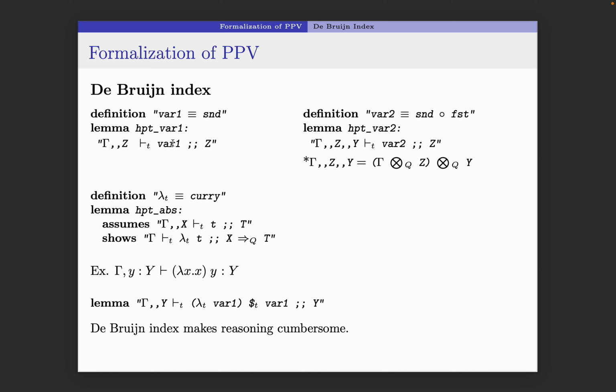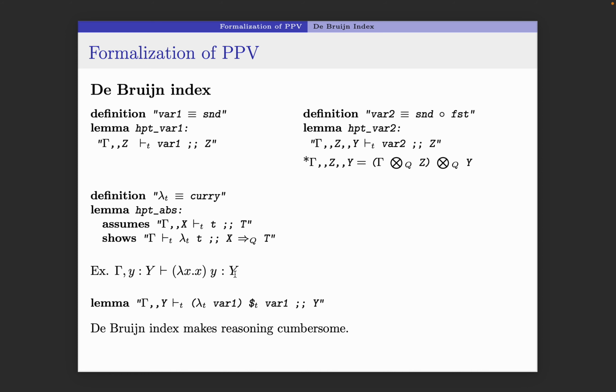Thus, for instance, the first variable is referred to as var1, and similarly, the second variable is referred to as var2. The lambda abstraction is curried according to its semantics.